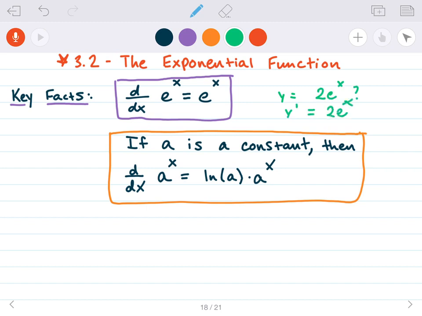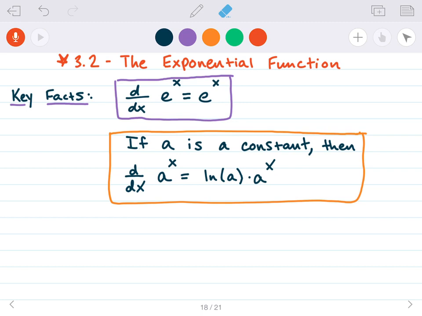Okay, so the derivative is equal to the function, and the 2 doesn't really matter because of that very first theorem we looked at saying that if you have a constant number in the front, it can stay there when you're taking the derivative.